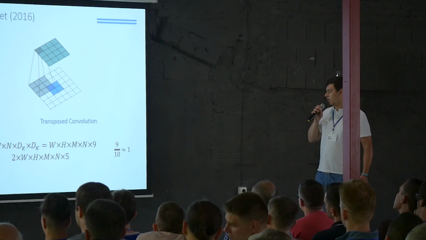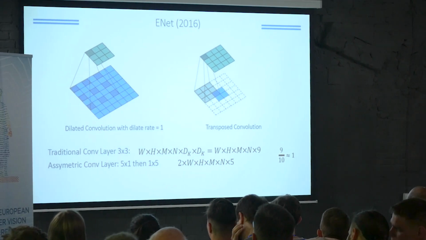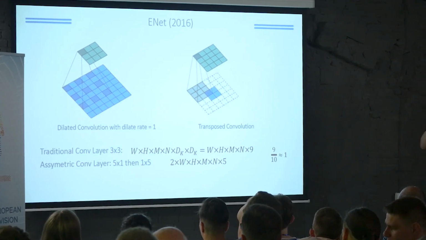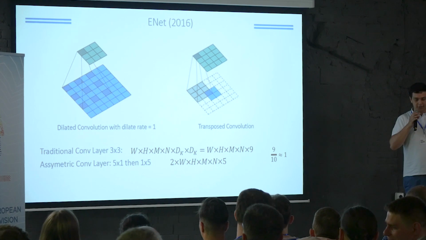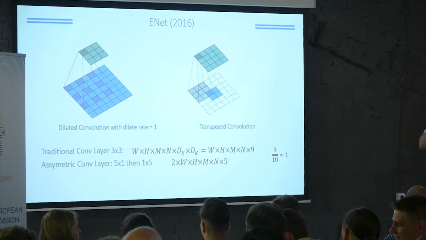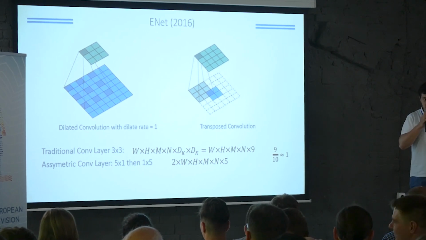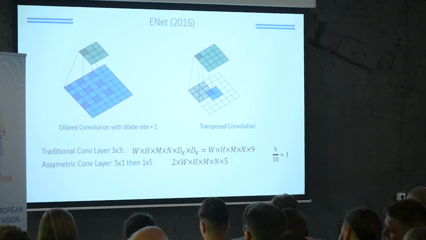And what is asymmetric convolution layer? It is decomposition of large kernels. For example, if we take a 5x5 kernel, we can decompose it into 5x1 convolution and then apply 1x5 convolution.